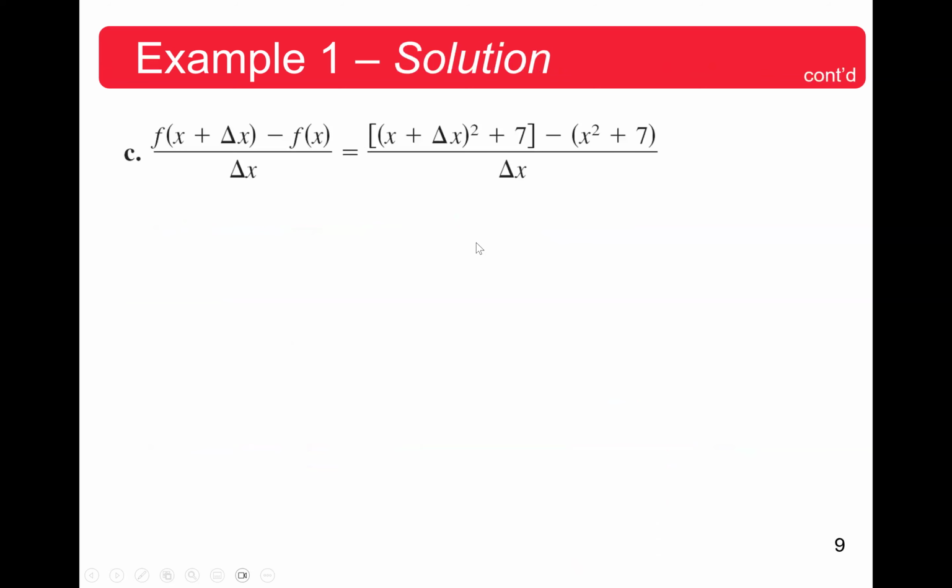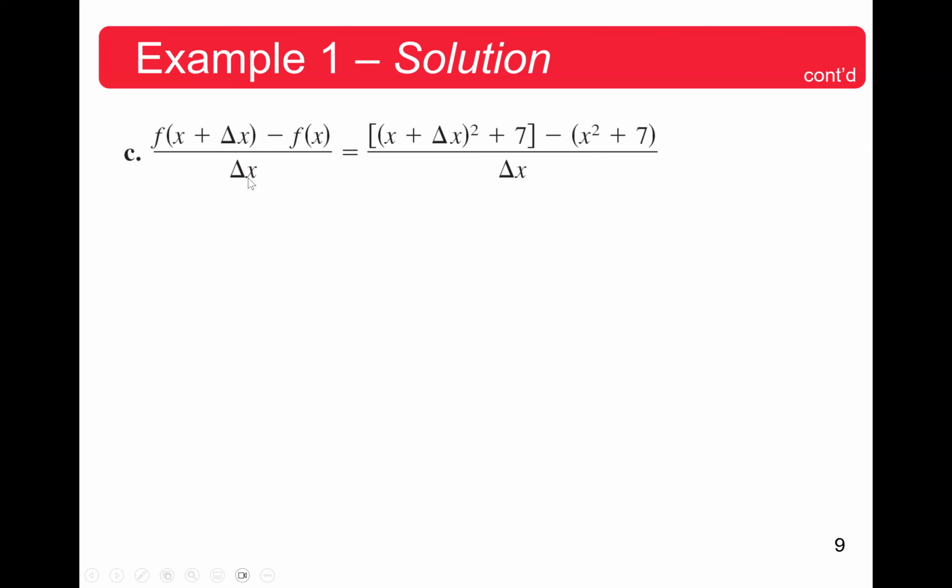Now let's look at c. In c, we have f at (x plus dx) minus f at x, over dx. So we have to be careful here. We have a lot of x values. For the first term, we have (x plus dx) squared plus 7. For the second, we have only x, so it will be x squared plus 7, all divided by dx.